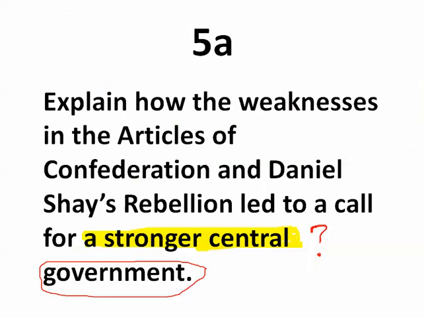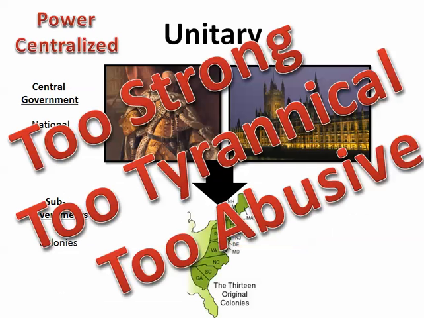Alright, and then our 5A says, explain how the weaknesses in the Articles of Confederation and Daniel Shays' Rebellion led to a call for a stronger central government. So we had one that was too strong with this unitary system. It was too tyrannical, too oppressive, too abusive.